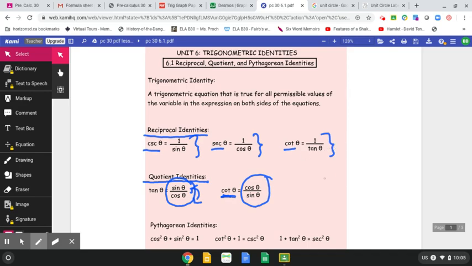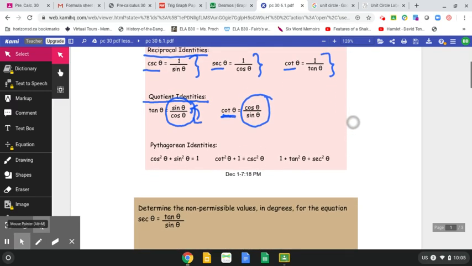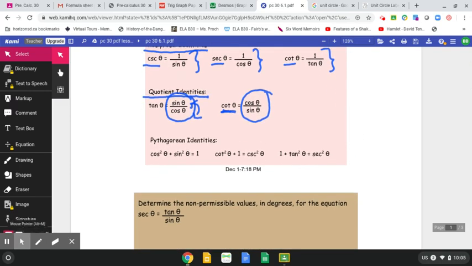When it comes to memorizing, these Pythagorean identities, these ones at the bottom, are a little more difficult. But you don't have to memorize, obviously. I said that about 10 times already. Pythagorean identities simply look like cos squared theta plus sine squared theta equals 1. Cotangent squared theta plus 1 equals cosecant squared theta.